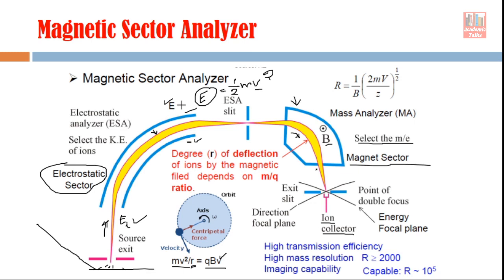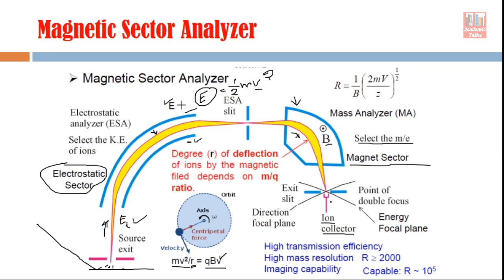So if we have to detect different masses or different mass to charge ratios, then continuously we have to keep on scanning the electric field and magnetic field. So for a suitable combination of these parameters, we will be able to allow the ions of a particular mass to reach the collector, right?